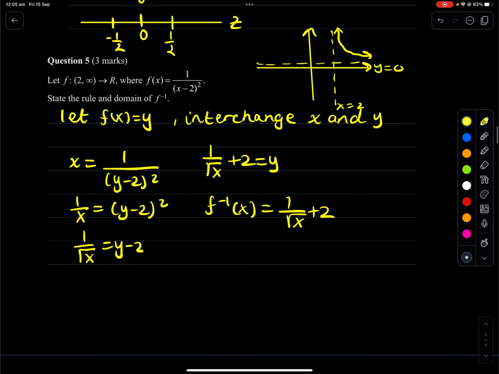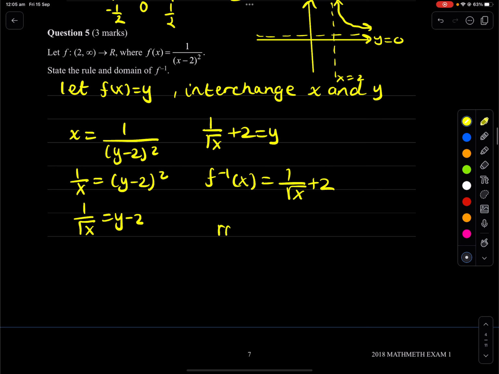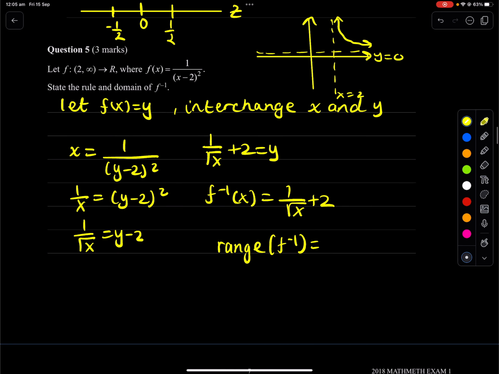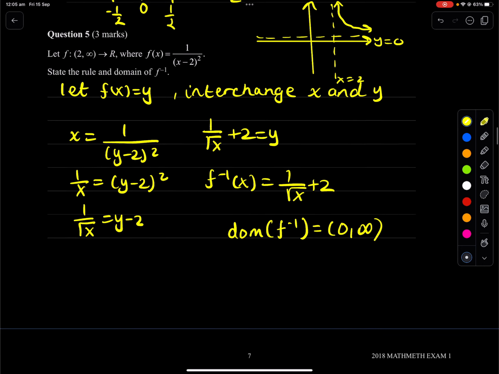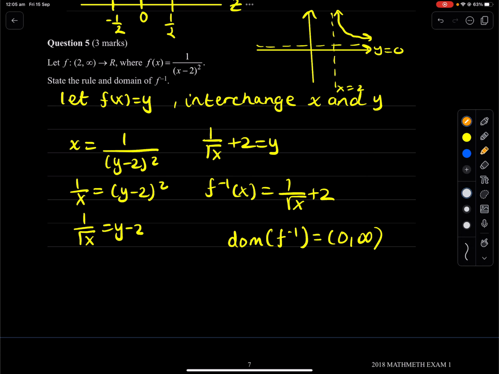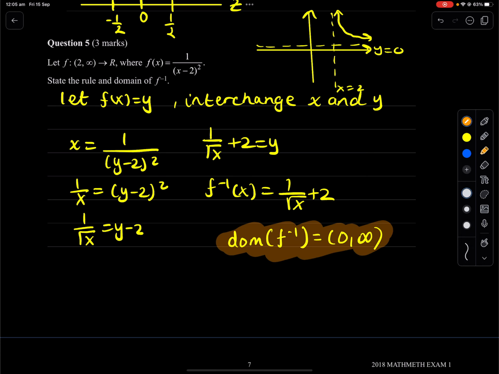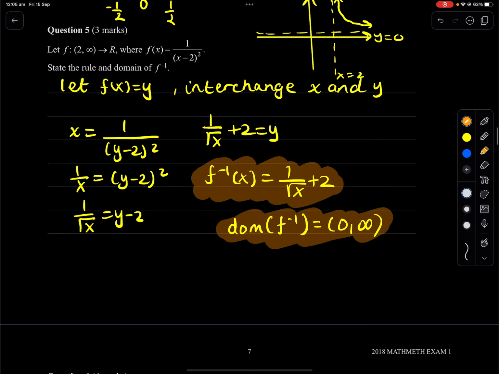So our range of f inverse is, well, not a range. Our domain is the same as the range. So our domain of f inverse is the range of f, which is 0 to infinity. That's that. These are your answers. Perfect.